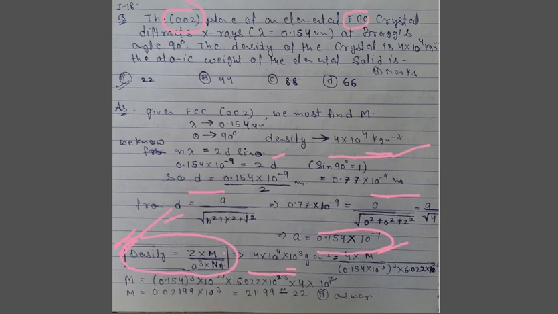M we should find, and the value of a cube, a is 0.15 into 10 power minus 4. Okay, and the value of N is 6.022 into, that is Avogadro number, and after all the calculation you get the value, that is 21.99, nearly equal to 22. So the atomic weight is 22. That is your option number A.